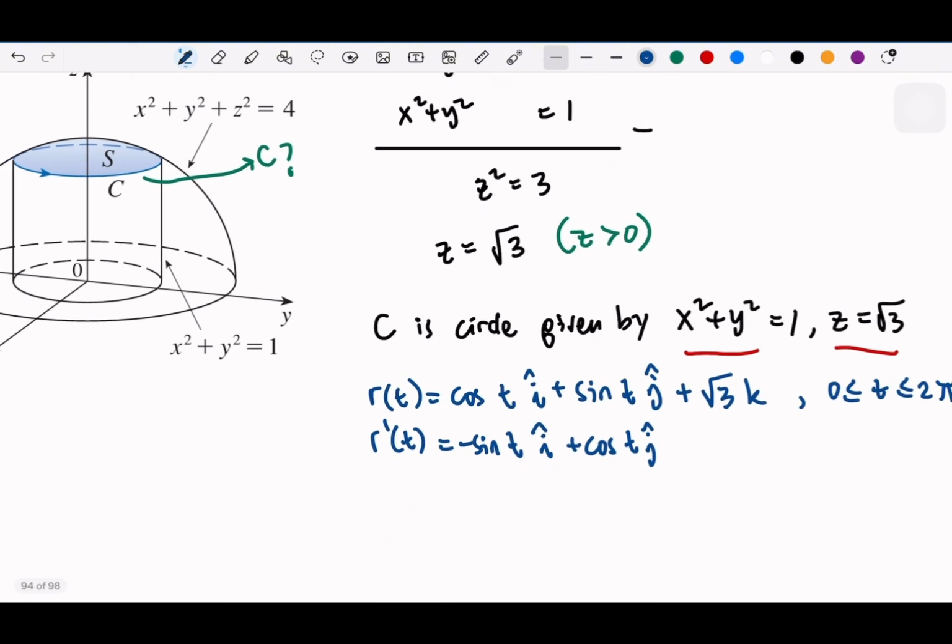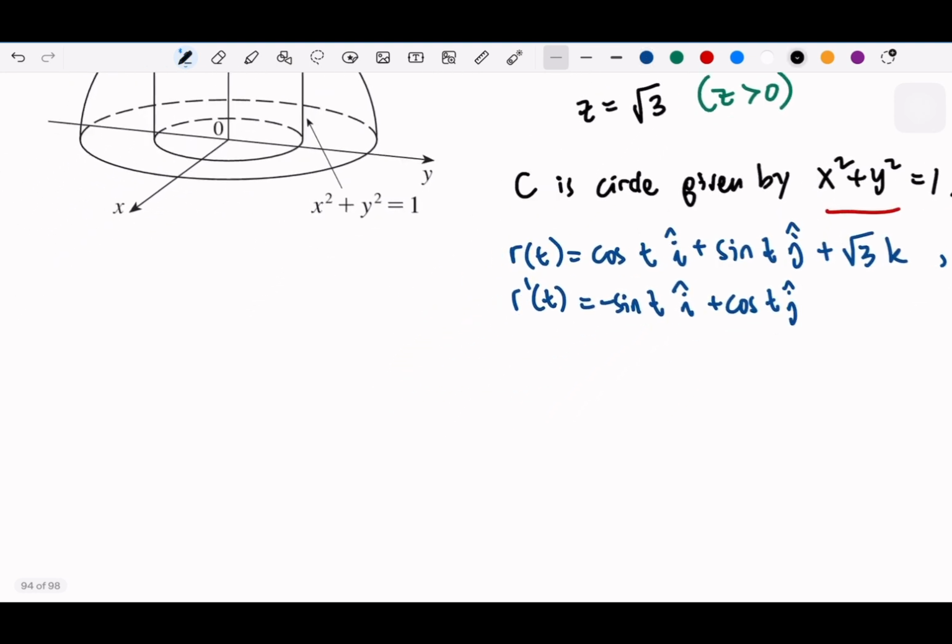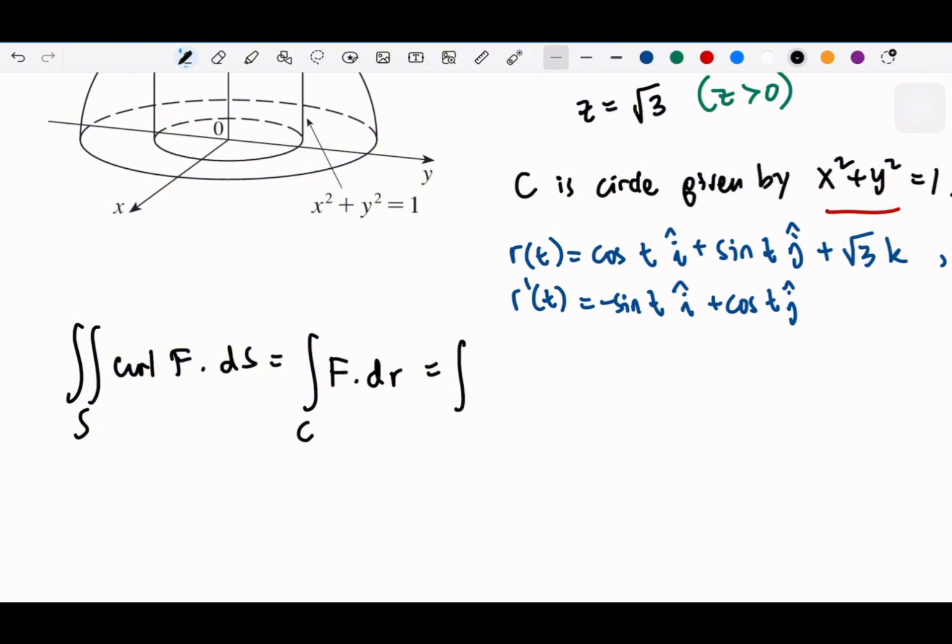So for this part here, let me write the surface integral. This should be equal to the line integral F dot dr, which from our line integral introduction is F(r(t)) dot r prime(t) dt.